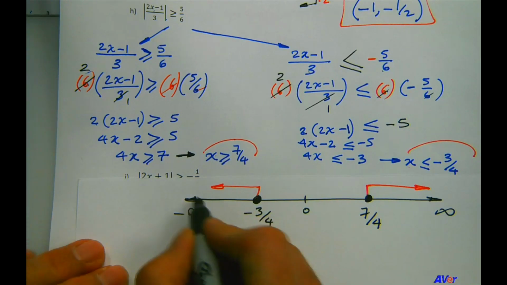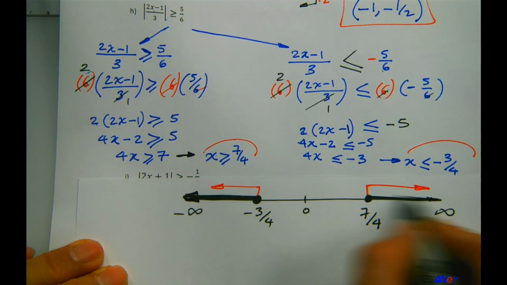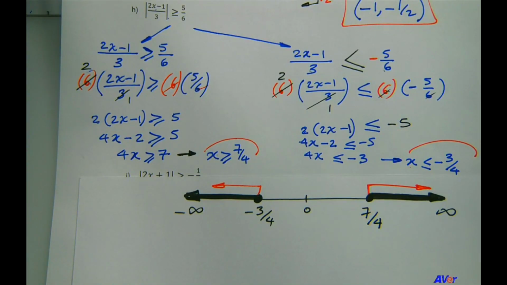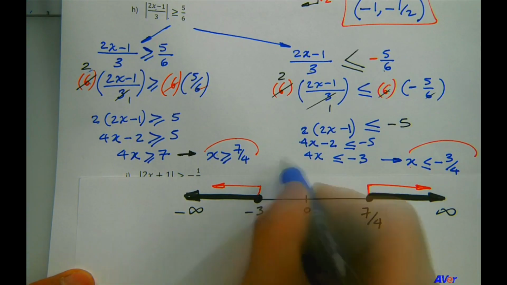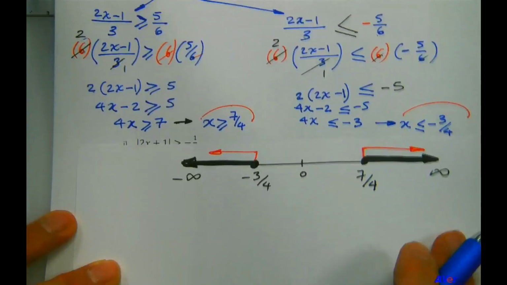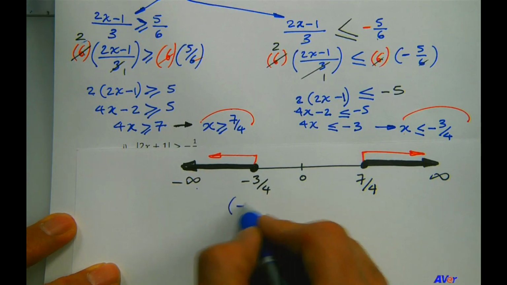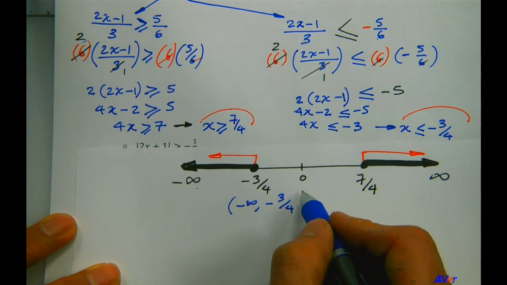So what is the final solution then? The final solution is the union of these two individual solutions that do not overlap. If they do overlap, we write down the overlapping piece, but in this case they do not. So the interval solution, I'm going to write it here and then on the main piece of paper. The final solution using interval notation would be negative infinity, comma, negative 3/4, parenthesis or bracket.